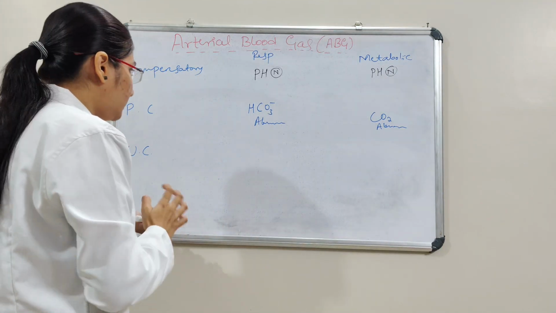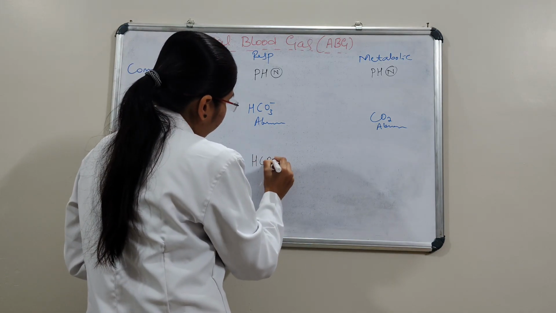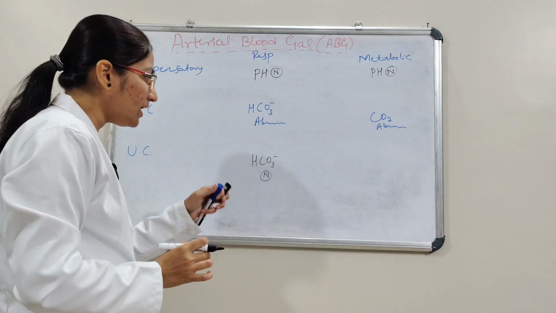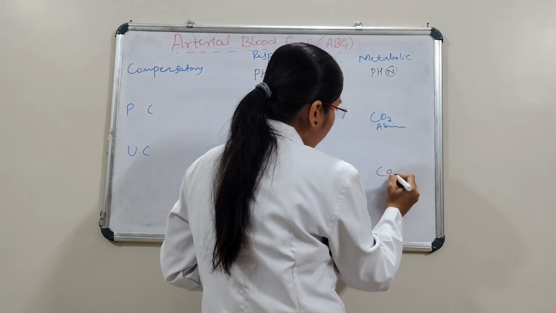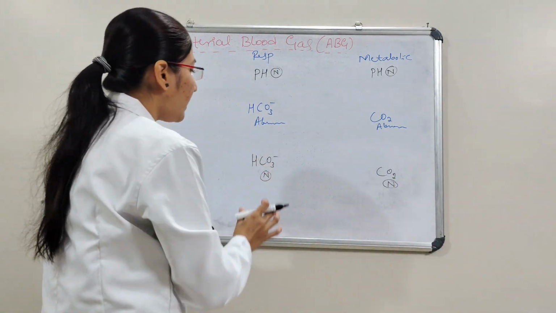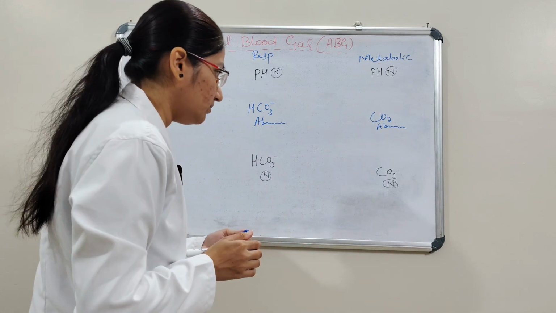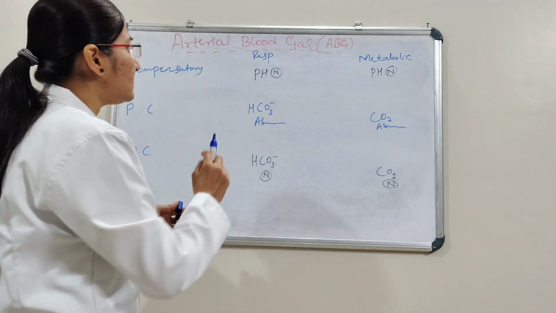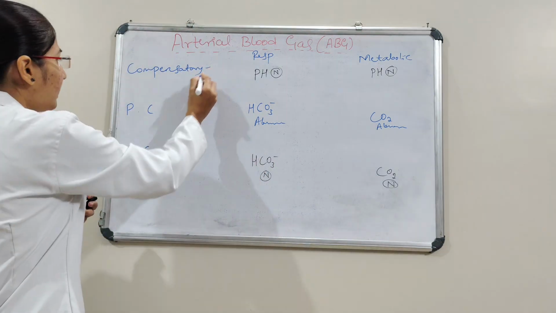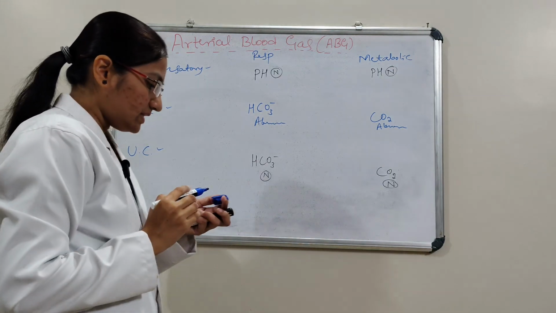Here bicarbonate normal, and then CO2 becomes normal. Based on the disease condition, based on the readings, we can see compensatory, partial compensatory, and then uncompensatory.